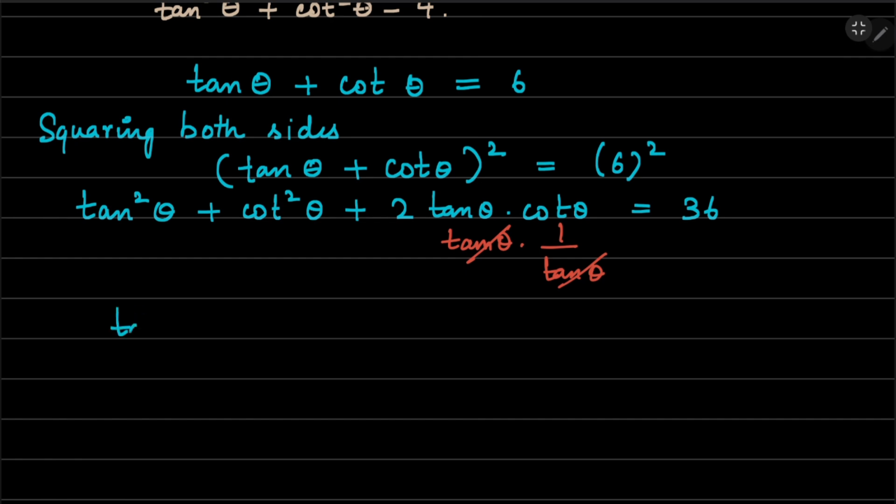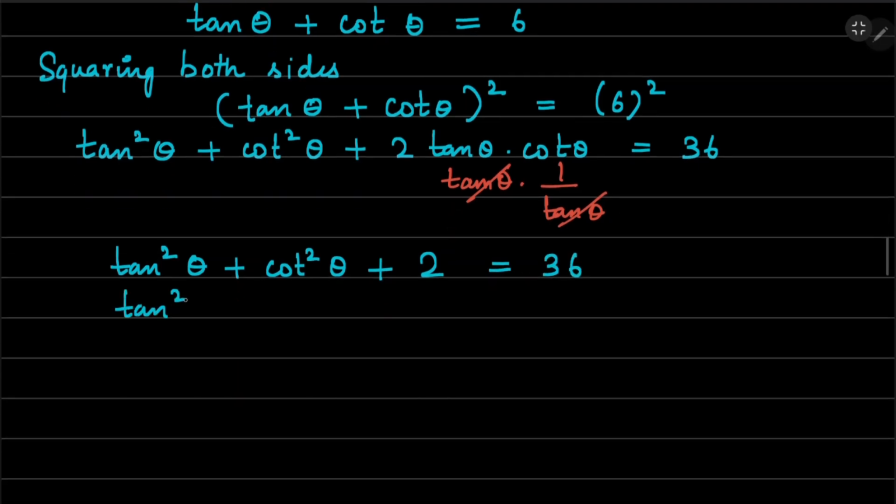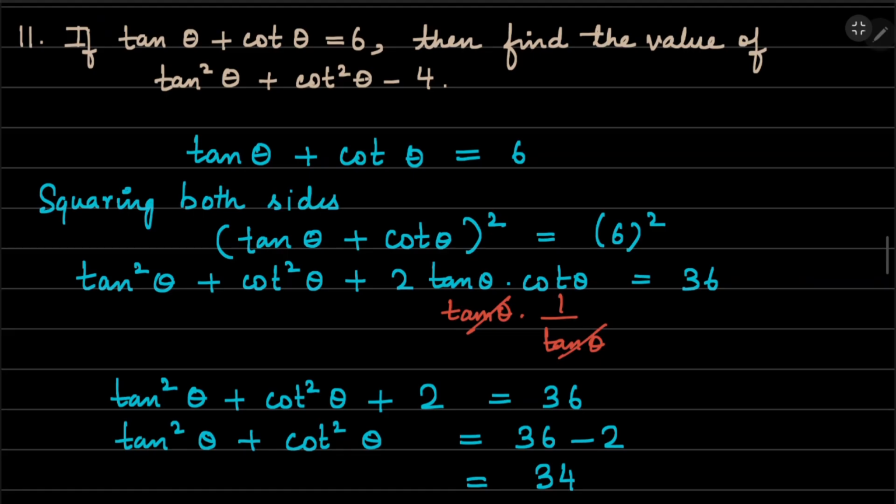Okay, so here I'm just going to rewrite it. Tan square theta plus cot square theta plus 2 is equal to 36. Right? So what is tan square theta plus cot square theta? Will be equal to 36 minus 2, which is 34, right? But what is the expression that we are asked? We are asked tan square theta plus cot square theta equal to 34, but we are asked minus 4 also.